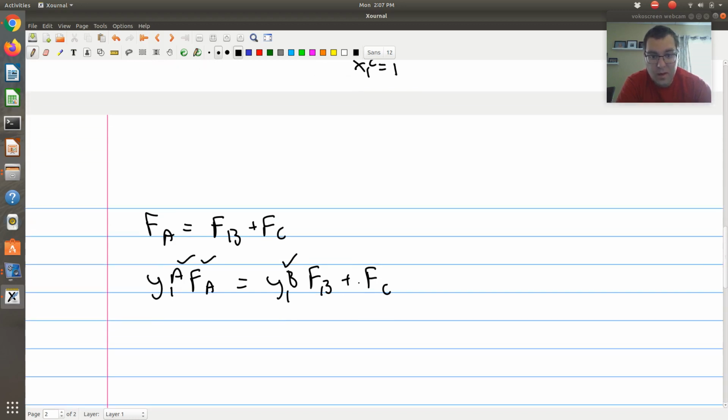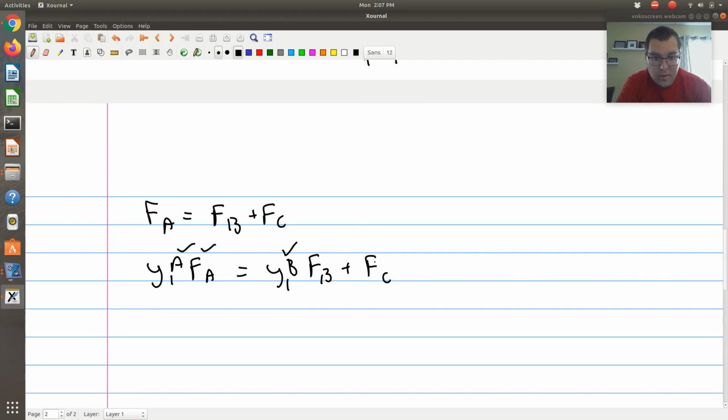and I can solve for FC. If I want to solve for FC, that's the amount coming down as liquid, which is how much water I would remove. FC is FA minus FB. Actually, I want to solve for FB to plug in.